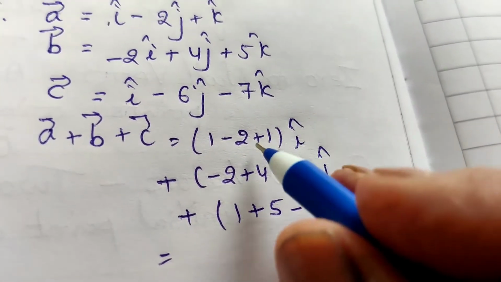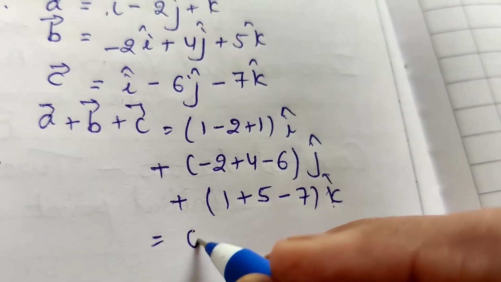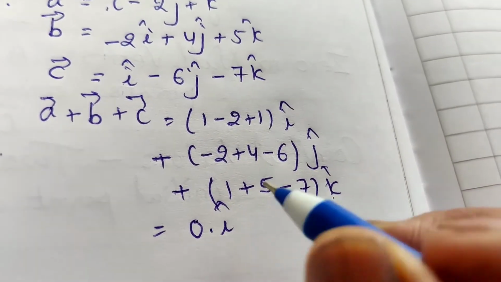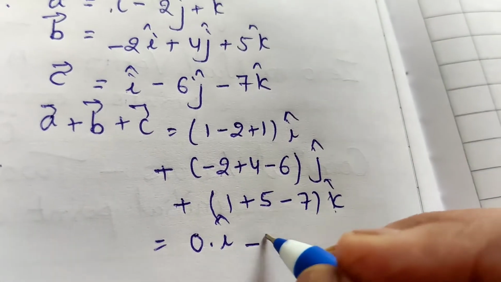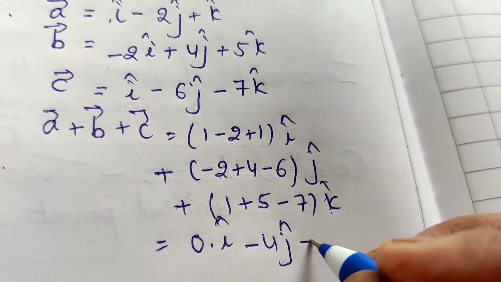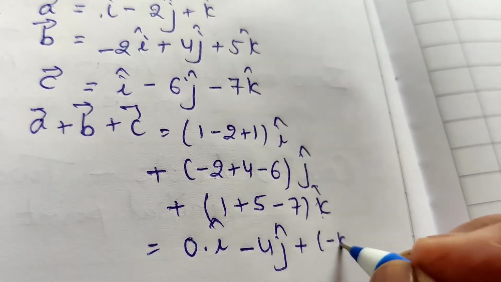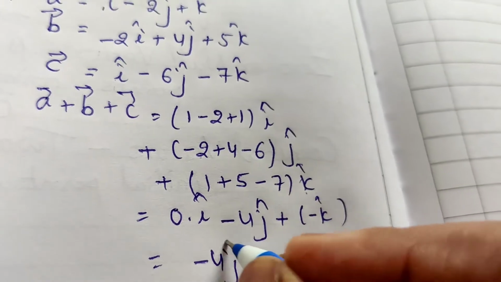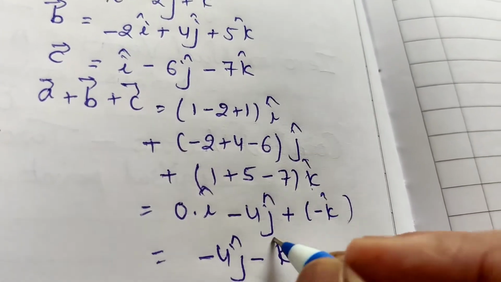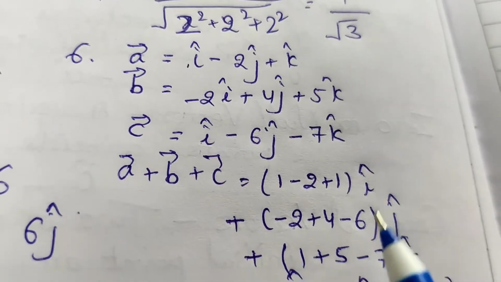So now i is 0, 1 plus 2 minus 2, 0i vector. And this one is -8 plus 4 minus 4j. And k: 6 minus 7, minus k. So we can write the answer in the form of 4j minus k. This is the sum of these 3 vectors.